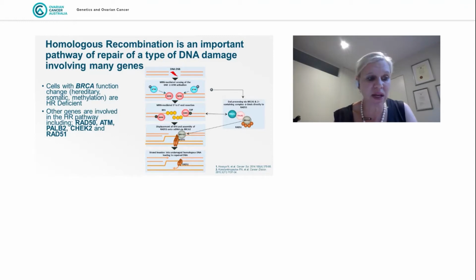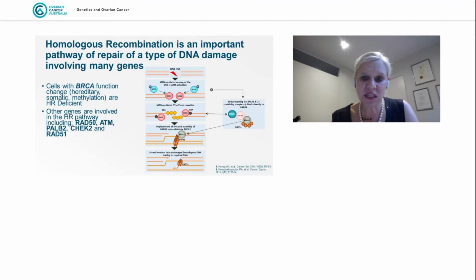Homologous recombination deficiency is when the body is unable to repair those double-strand breaks. And it means that the cancer cells have a harder time repairing themselves, and people whose tumours are associated with what we call homologous recombination deficiency may have a greater sensitivity to certain treatment types.